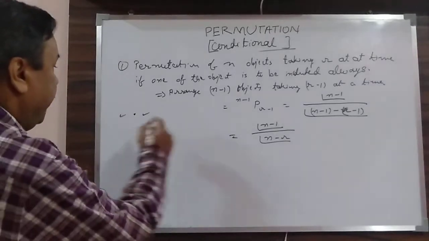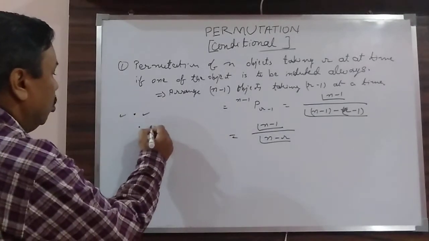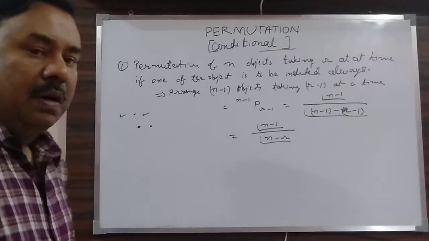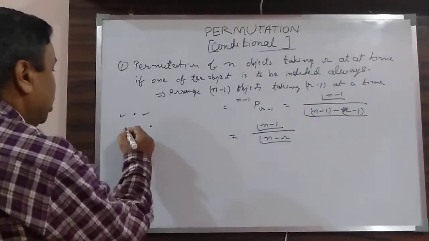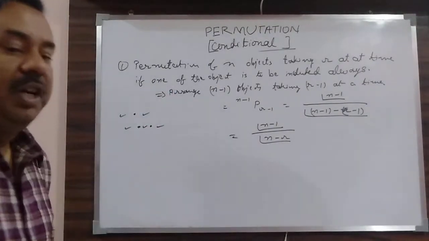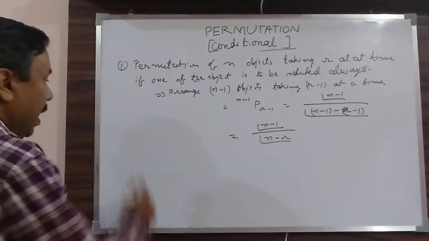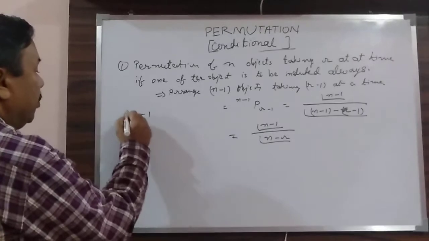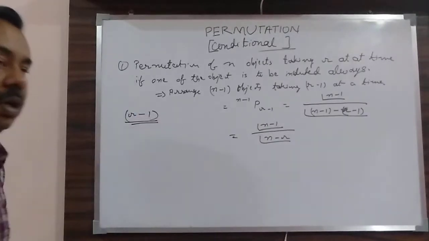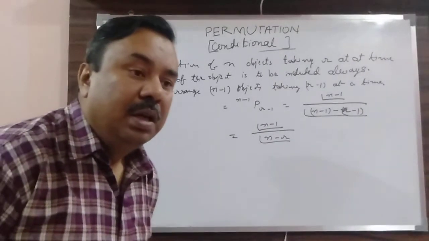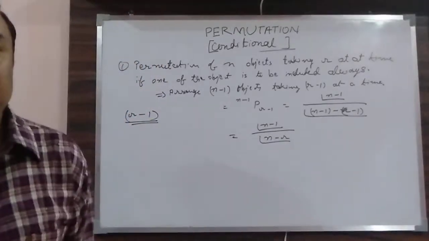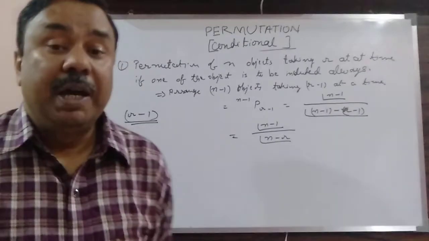If I have got two objects already placed, for the third object I have got three places where it can be filled. Similarly, if I have got r minus 1 places filled, how many places are there where the reserved item can be placed?